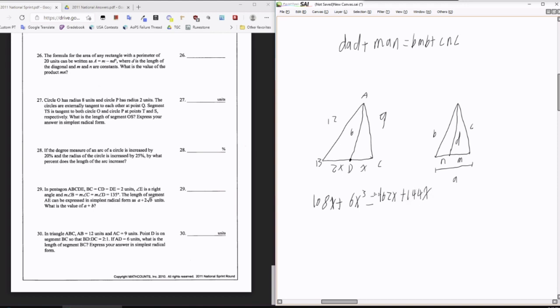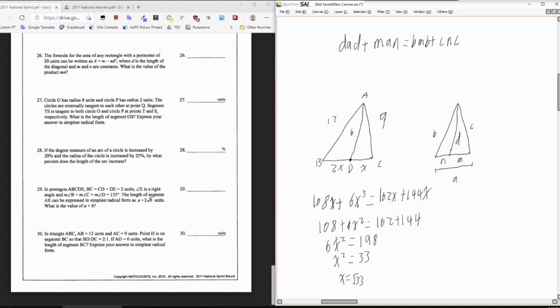Now we can take an x out of everything: 108 plus 6x squared equals 162 plus 144. We do some moving around, and we get 6x squared is equal to 198. X squared is equal to 33, and x is equal to square root of 33.